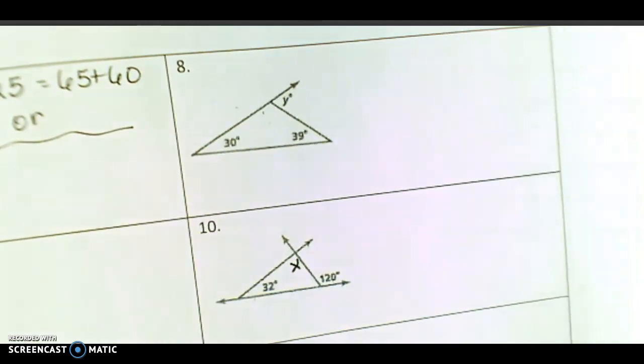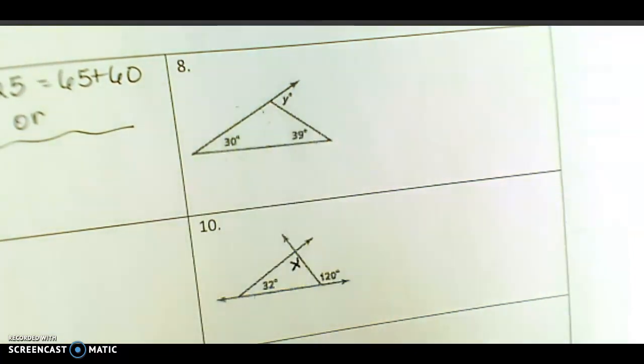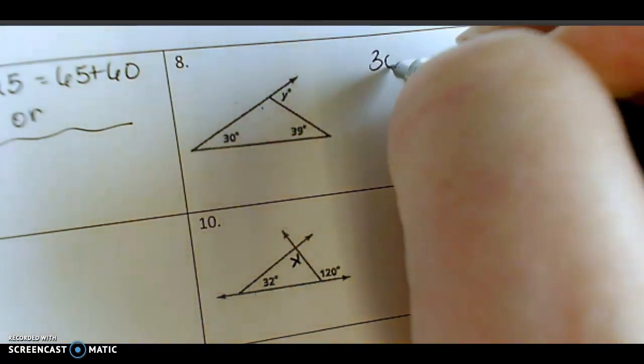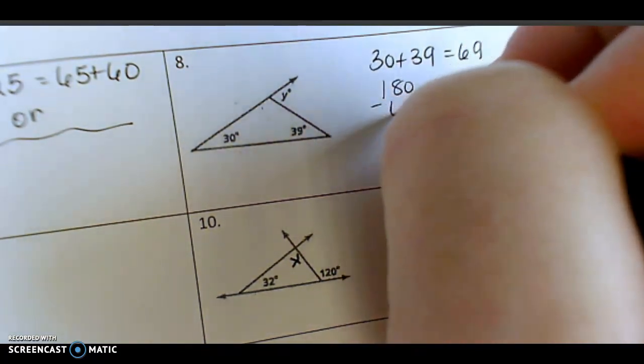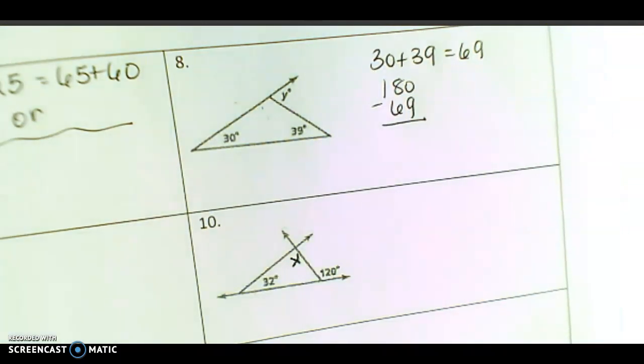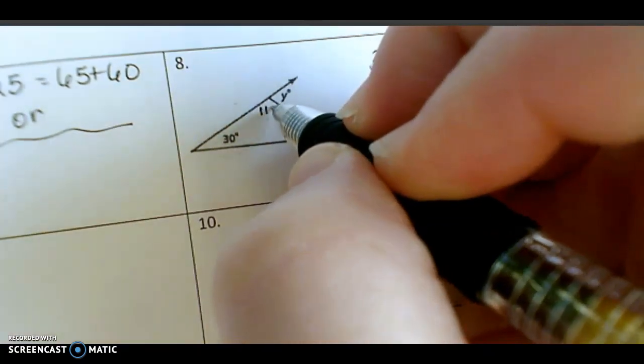So number 8, you have to decide which way to solve it, whether you want to use the exterior angle theorem, which means that plus that equals y. I'm going to do it the other way just so that you can have some practice with that. You take 30 plus 39, which is 69, and then take 180 and subtract 69, and I get 111, which is this angle here.